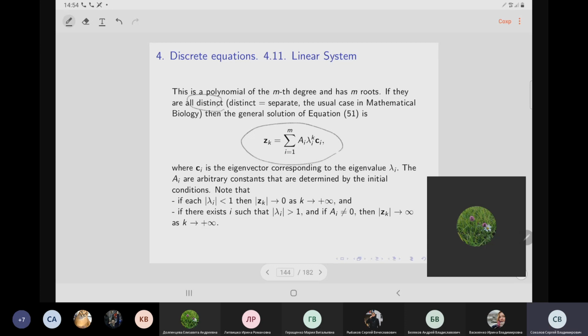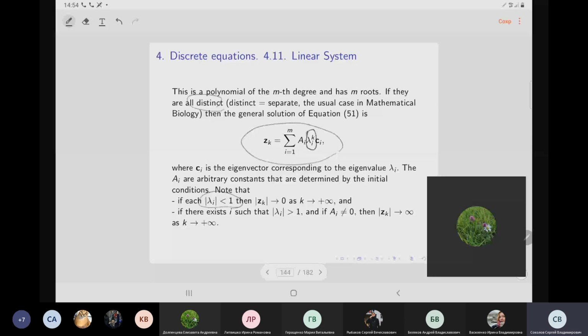So when we analyze the linear discrete system, we can see that if all lambda are less than 1 in absolute value, then the solutions are going to 0 with any initial conditions. So this inequality gives us the stability condition for the linear discrete equation.